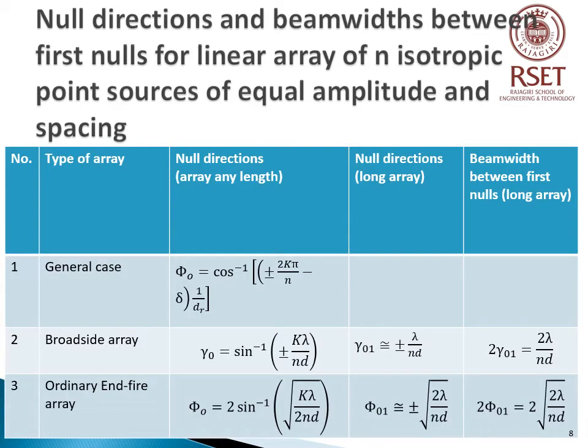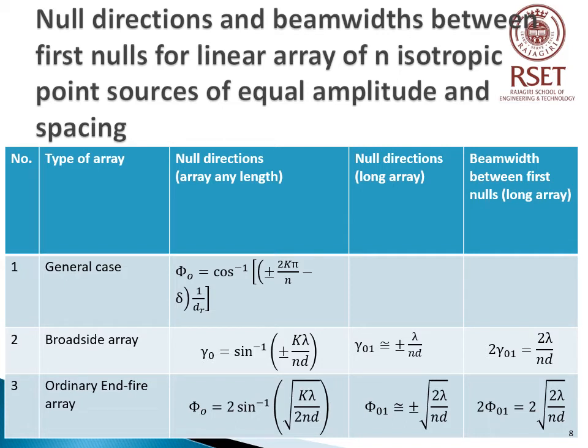Next we are summarizing the results, that is, null directions and beam widths between first nulls for a linear array of n isotropic point sources of equal amplitude and spacing. For the general case, phi naught will be cos inverse of (2k pi by n minus delta) into 1 by d r. That is the null direction phi naught.